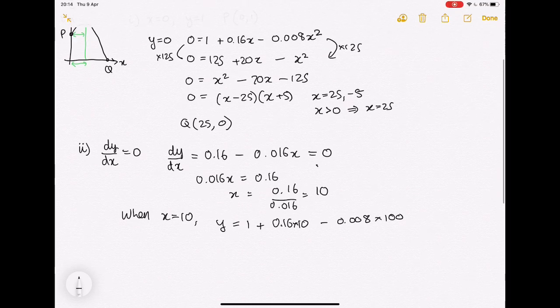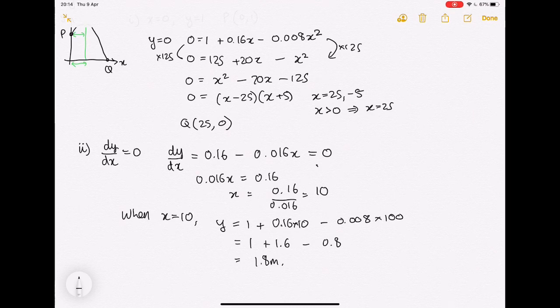That's something we can calculate. That is 1 plus 1.6 minus 0.8, which is 2.6 minus 0.8, which is 1.8 metres as required.